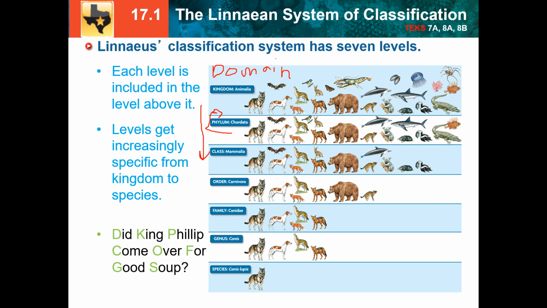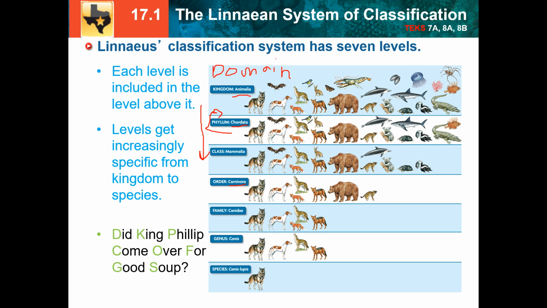Up here at Kingdom Animalia, the name just refers to animals. Then you have Chordata, referring to animals that have backbones. Then you get into the class Mammalia, referring to mammals, so animals that produce milk from breasts. Then you get to the order Carnivora, referring to animals that eat meat, carnivores.